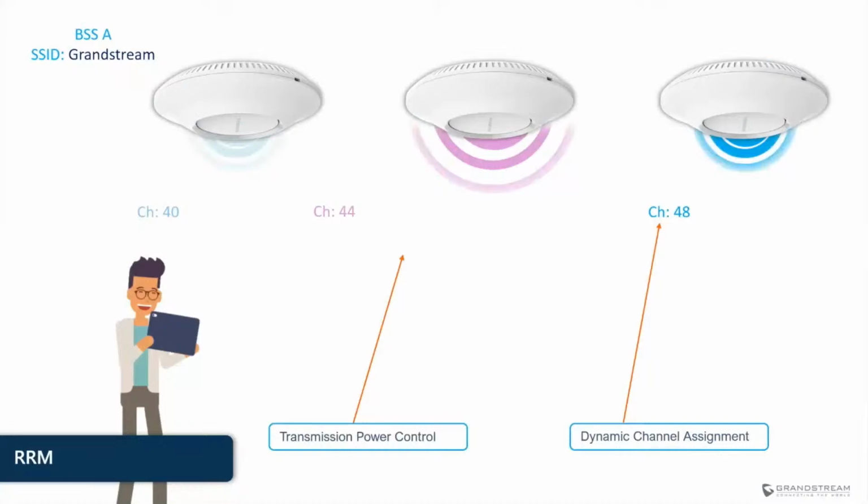Related to this, the RRM uses TPC, or Transmission Power Control, to reduce the interference caused by overlapping signals. As shown in this example, DCA ensures that each access point is using a non-overlapping channel, while TPC reduces the power when other APs are within range.